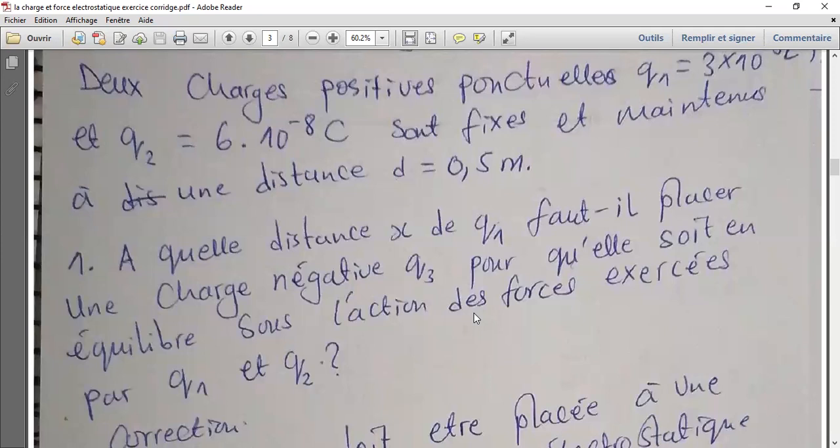They create a balance, in such a way that when these forces act on Q3, they cancel each other. Equilibrium means it will give you equal to what? To 0.